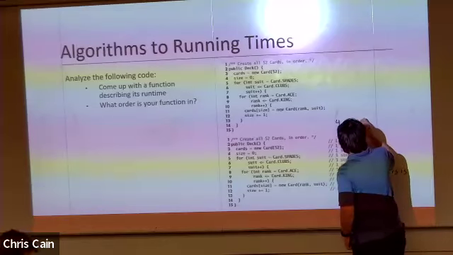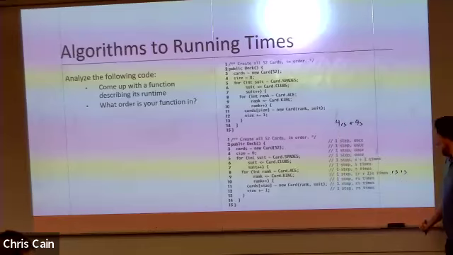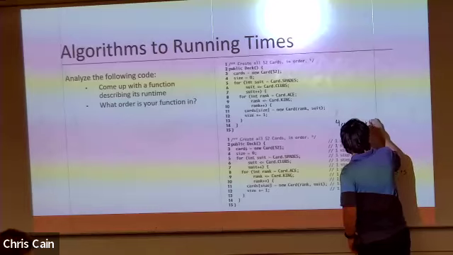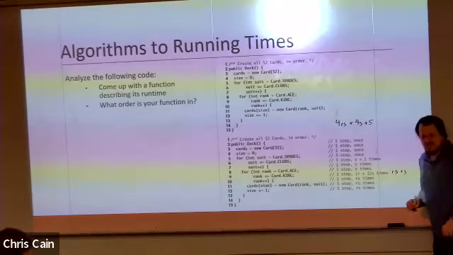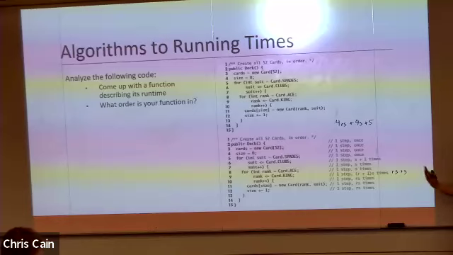Plus 4S. And then how many constants do we have? We have the 1, 1, 1, 1, 1. Plus 5. So this would be the full expression of the running time of this method.